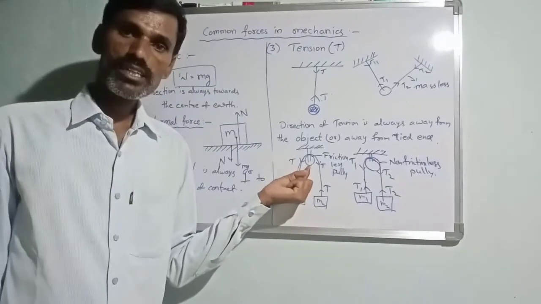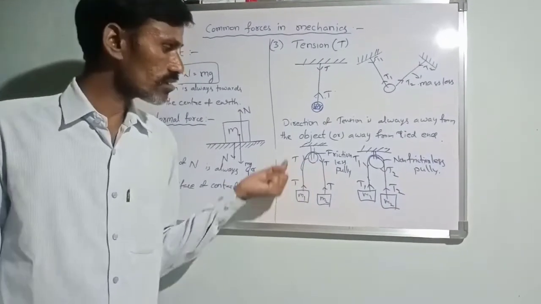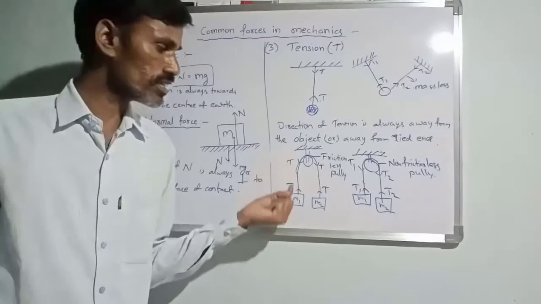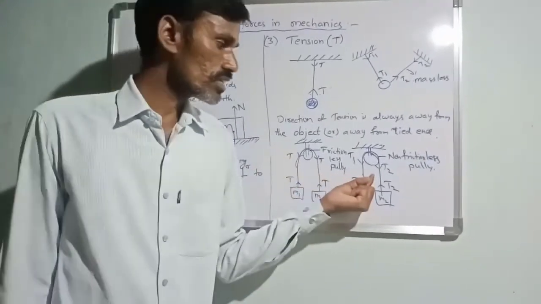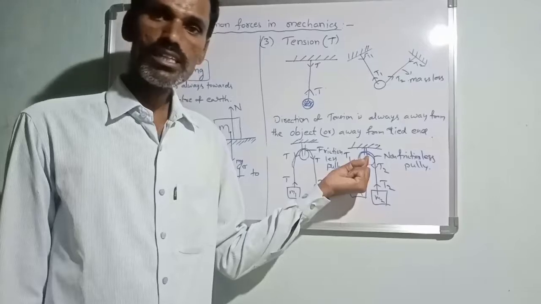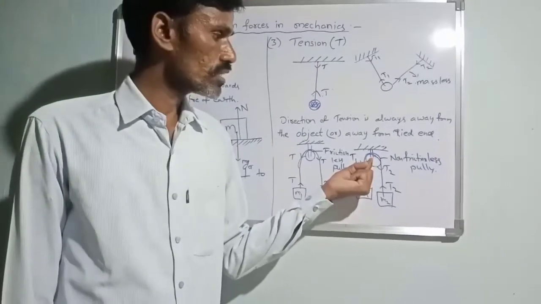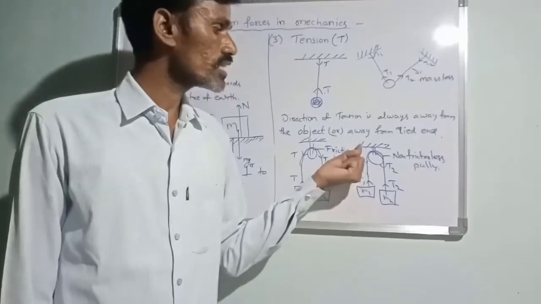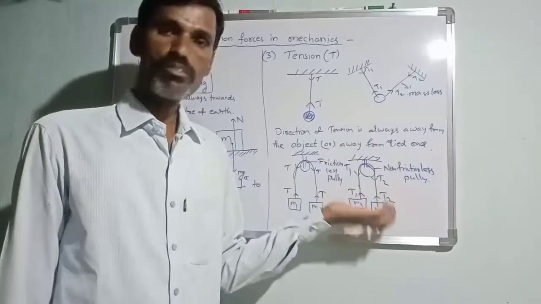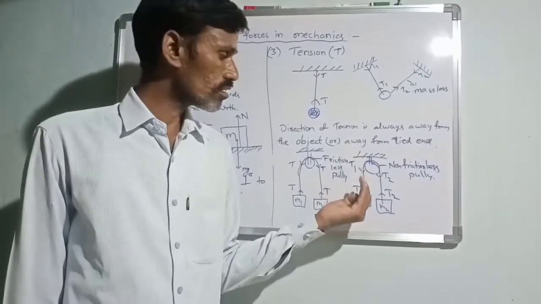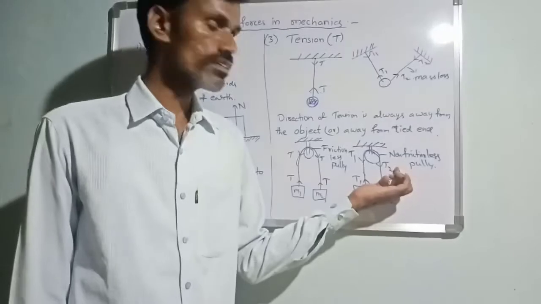If this pulley is frictionless, then the tension throughout the wire is the same. If the pulley is non-frictionless, then the tension varies. So one side is T1 and another side is T2.